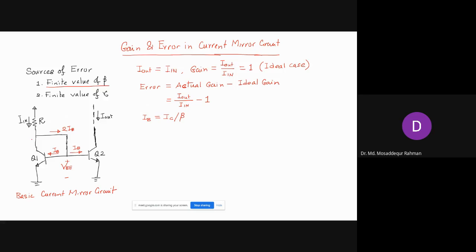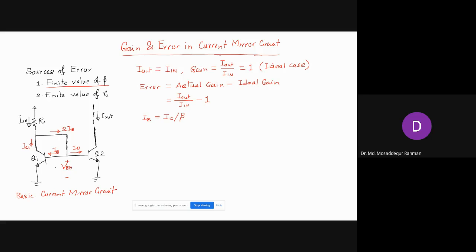And the current here is our IC, the collector current. And in the previous discussion, we ignored the base current. We assume IC1 is equal to I in, right? I in is equal to IC1.